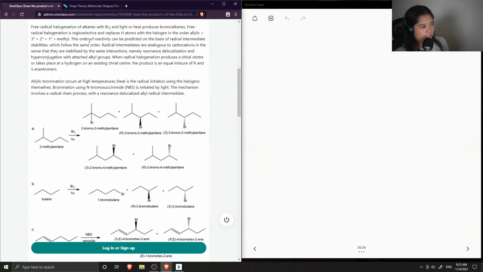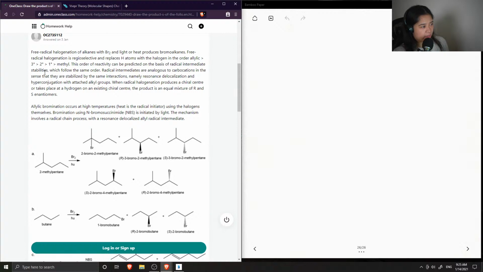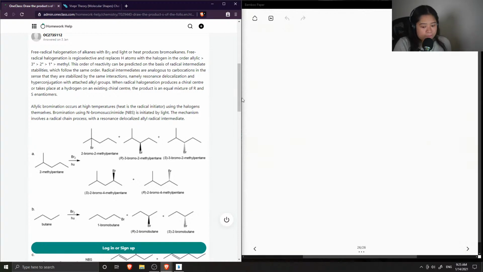This order of reactivity can be predicted on the basis of radical intermediate stabilities, which follow the same order. So depending on the type, I'm just going to write this down. So this is question number 7.